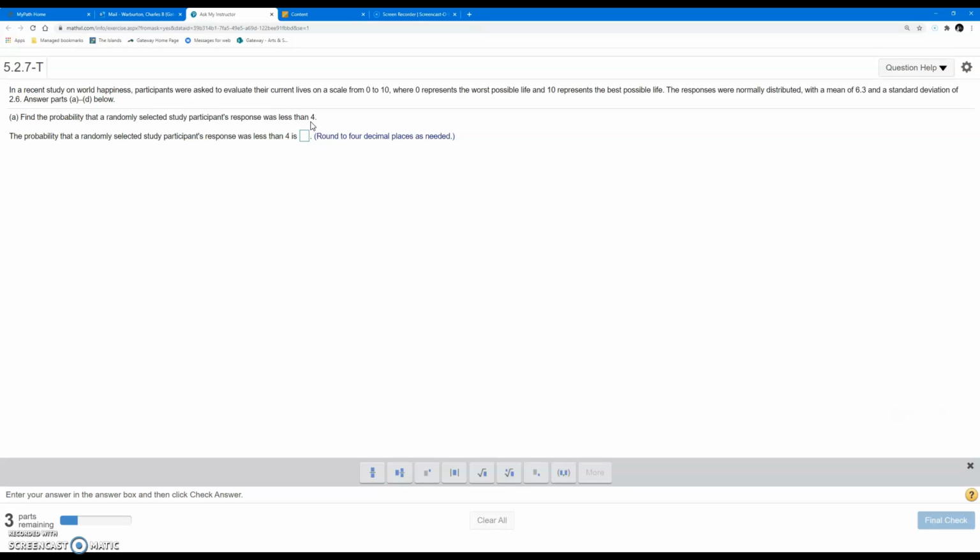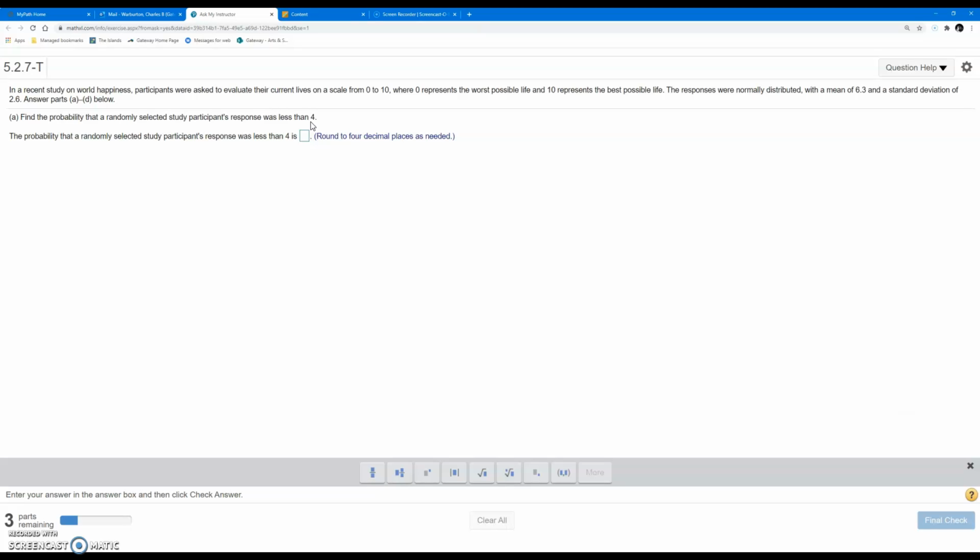Now, one of the ways that we could do this is we could convert this over to a standard normal, and a standard normal allows us to use the standard normal table. It also allows us to compare the probability distribution with other probability distributions if we put it in a standardized measurement, right?